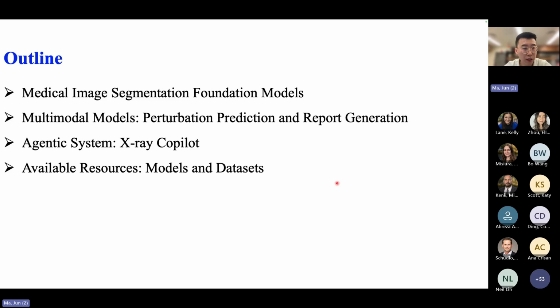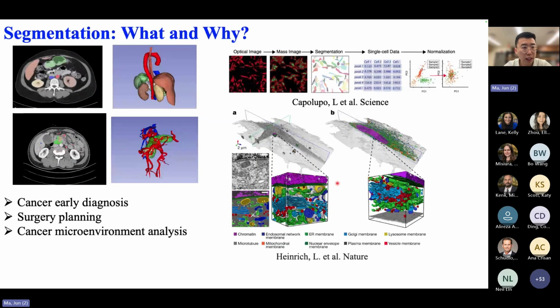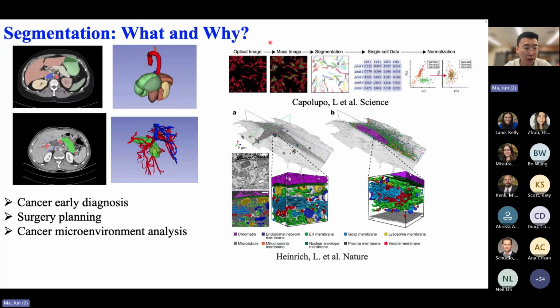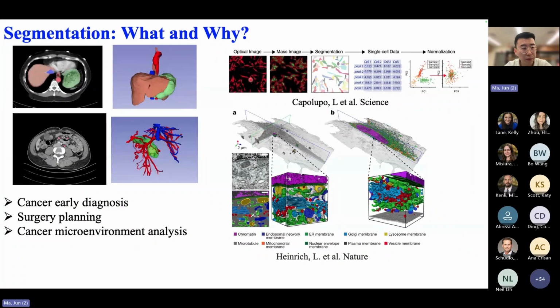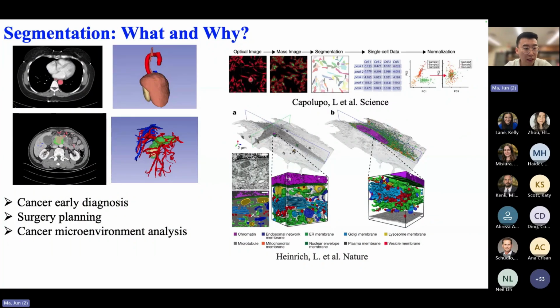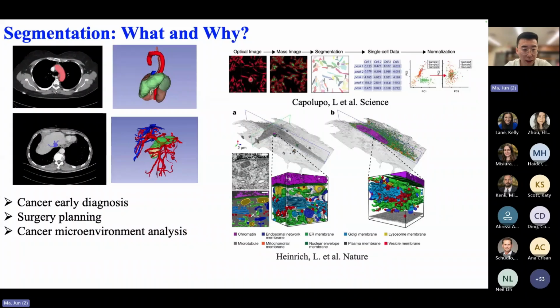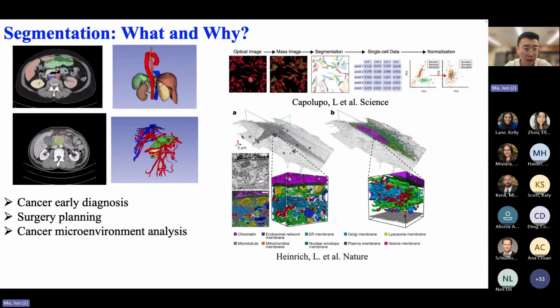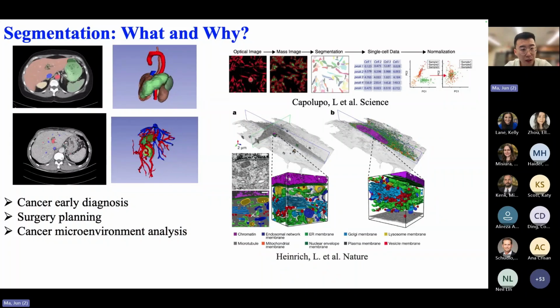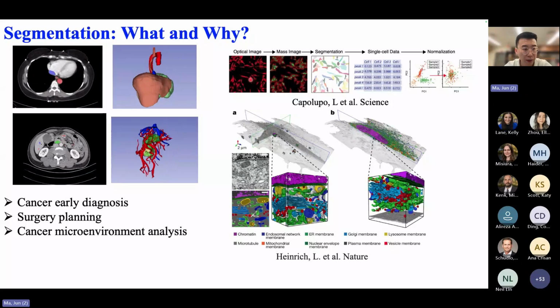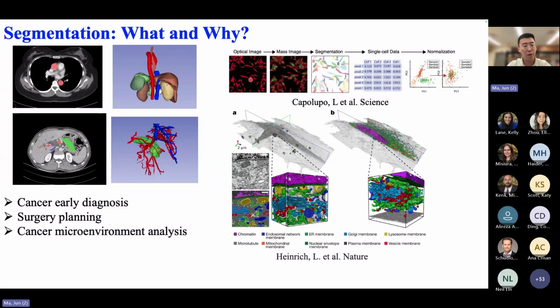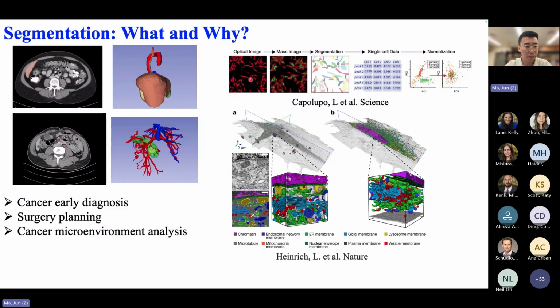Okay, let's move on to the first topic, biomedical image segmentation foundation models. So first, what is segmentation and why is it important? Basically, segmentation aims to delineate the boundaries of various organs, tissues, and lesions in a fully automatic or semi-automatic way. Those algorithms have a wide range of applications.